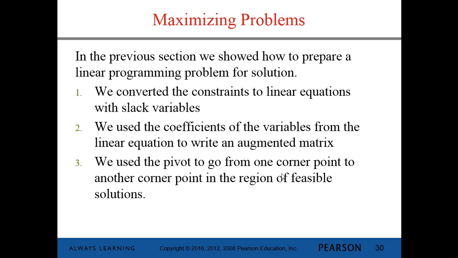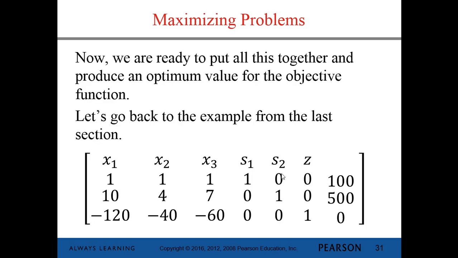And then we used the pivot to go from one corner point to another in the region of feasible solutions. So we're going to use our example, I think it was example 1 in the last section, and now we're ready to put this all together and produce an optimum value of the objective function.